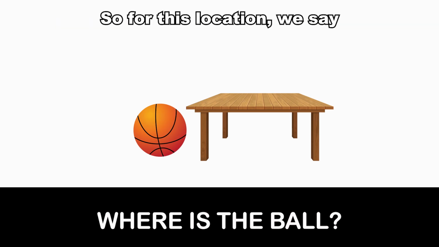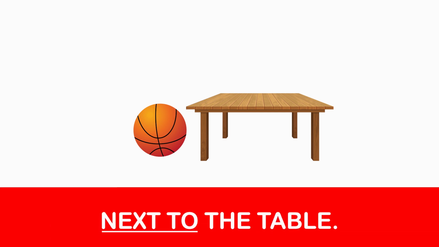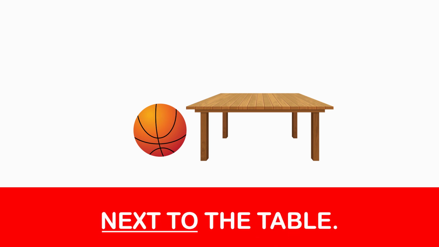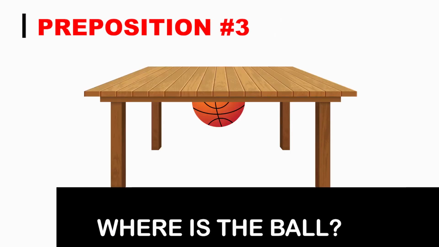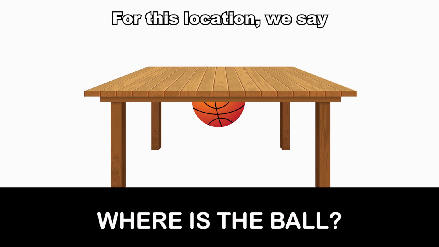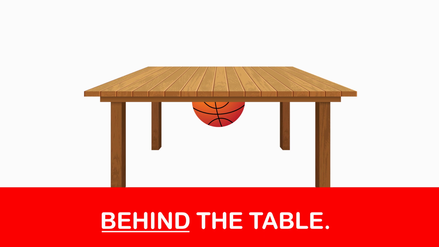For this location, we say next to the table. Next to the table. Number 3, where is the ball? For this location, we say behind the table. Behind the table.